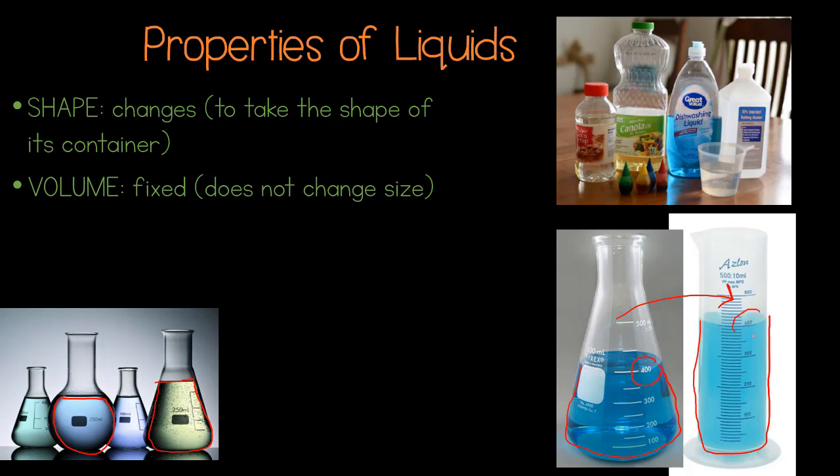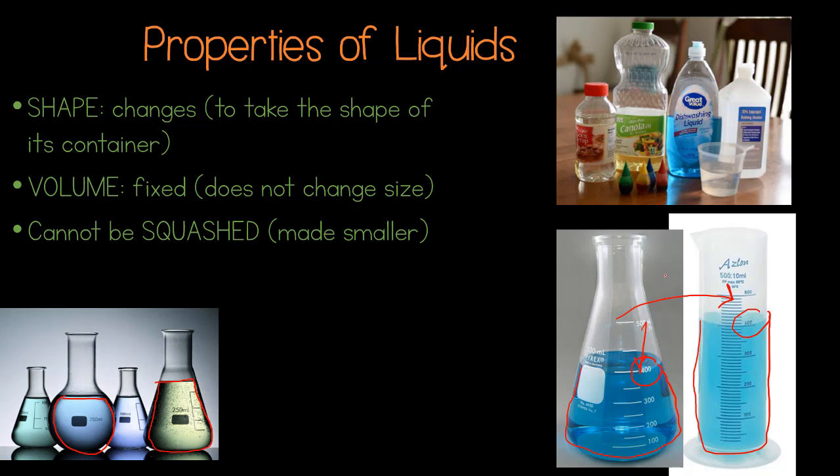I still have 400 milliliters of liquid. So you also cannot squash liquids into a smaller size. If I have 400 milliliters of water in this flask, I can't squeeze it so that I only have 300 milliliters of water. That's impossible.